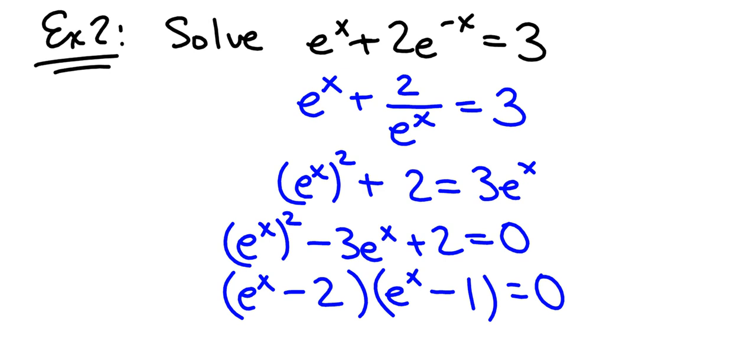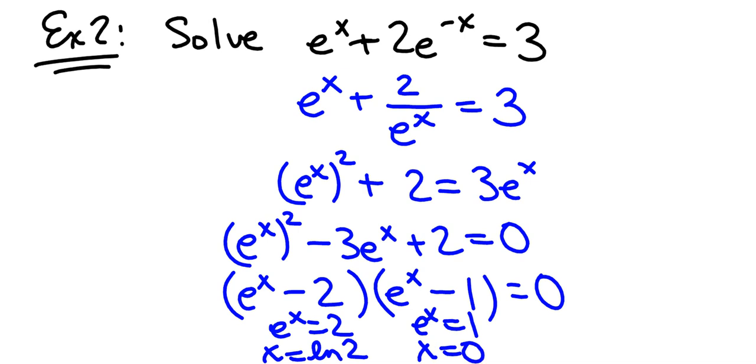On the left side, e to the x is equal to 2, and that means that x is the natural log of 2. And over here, e to the x is 1, and so x is 0. So you should be skilled with algebra, and this is all stuff that Algebra 2 would have taught you in theory.